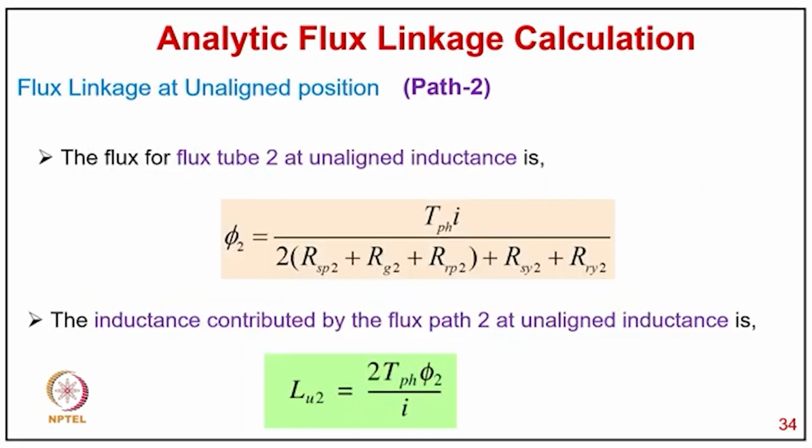So from the flux tube, we can have a formula for phi 2 equal to T_PH into I divided by 2 in bracket RSP2 plus RG2 plus RRP2 plus RSY2 plus RRY2, and the inductance contributed by flux path 2 at unaligned condition is LU2 equal to 2 T_PH into phi 2 upon I.